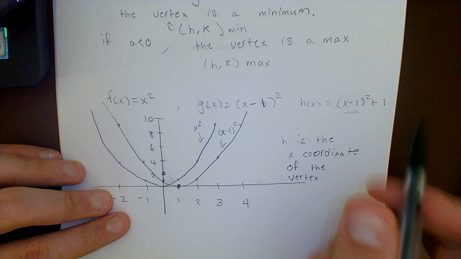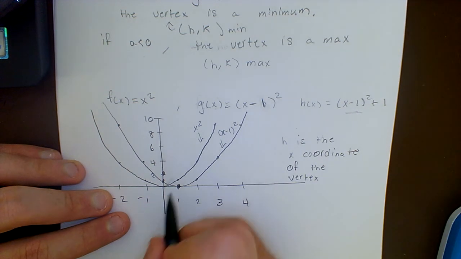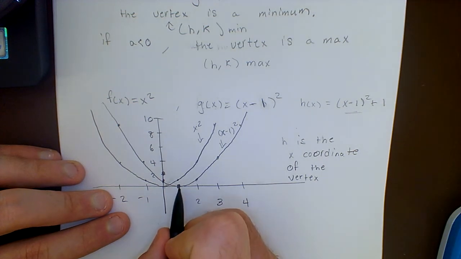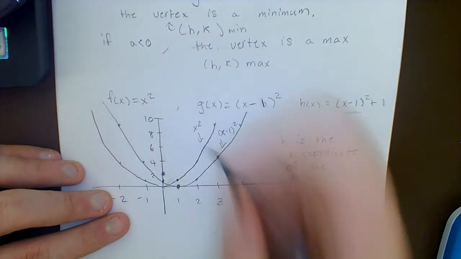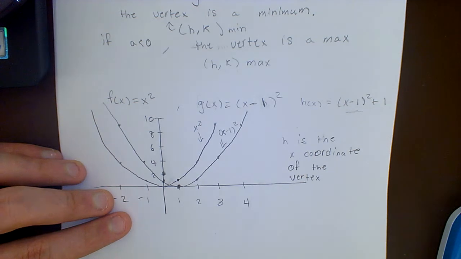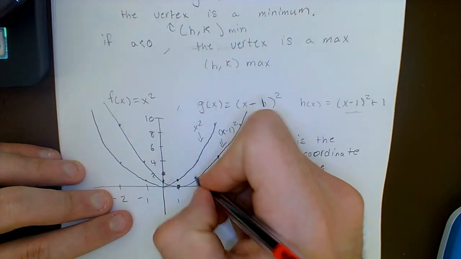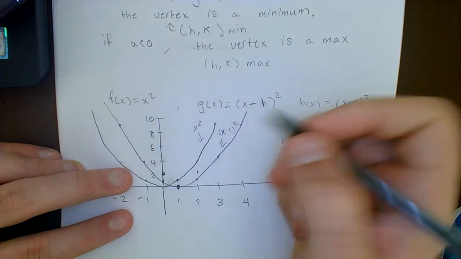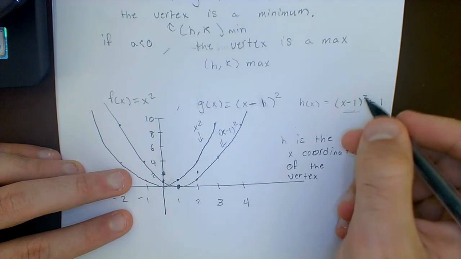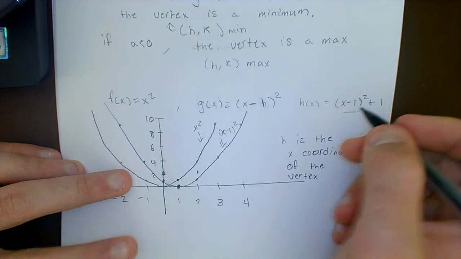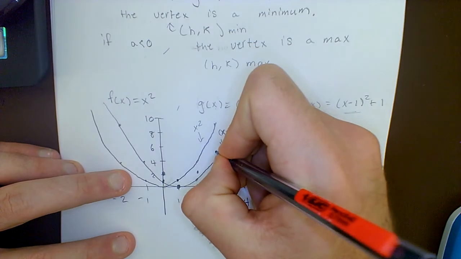And the one I'm about to draw is h. So now if I go over to 1, it's 0 squared, but then I have to add 1 to it. If I go to 2, it's 2 minus 1 squared, but I have to add 1 to it, so it goes back up to 2. If I go to 3, it's 2 squared, which is 4, but then I have to add 1 to it, so it goes up to 5.